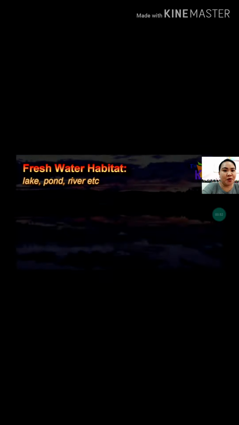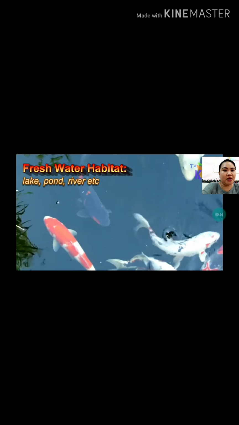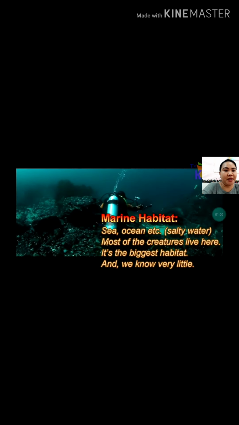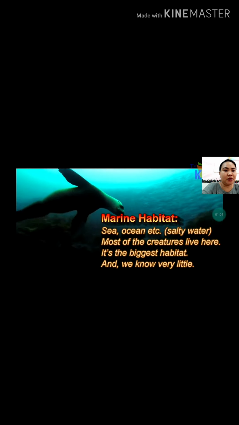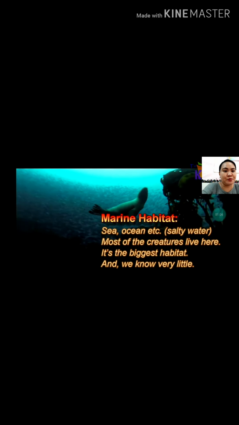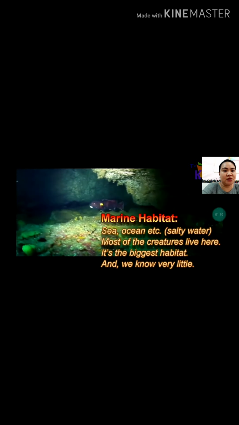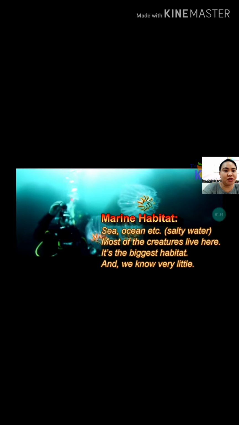First, we have aquatic. We have freshwater habitat, wherein we have lake and river. Marine habitat, that includes sea and ocean. So this is the biggest habitat, the marine habitat or ocean.